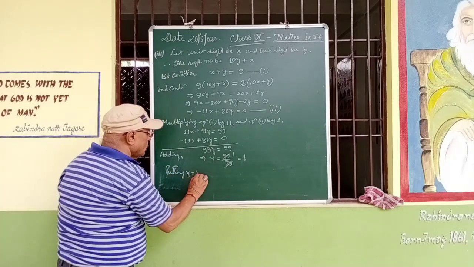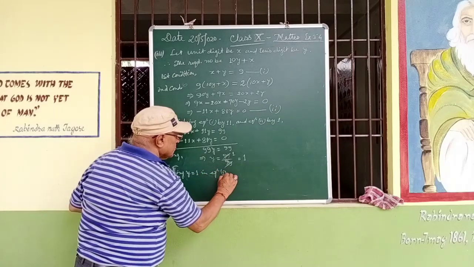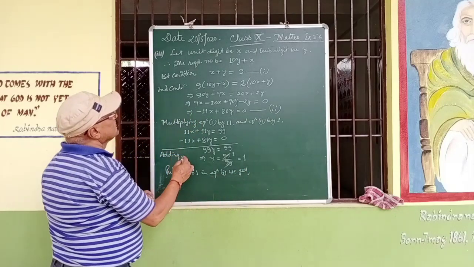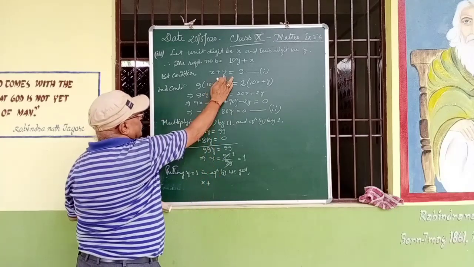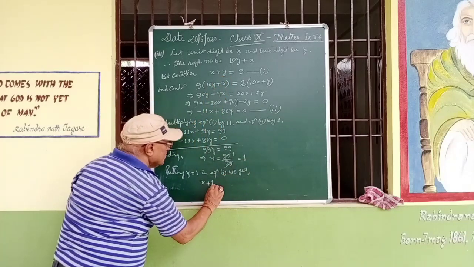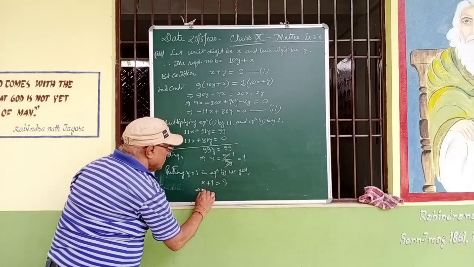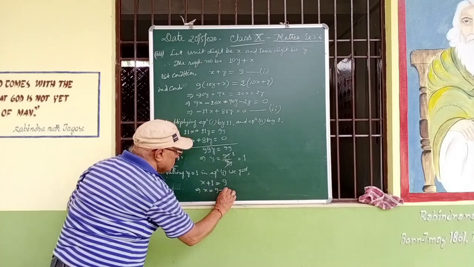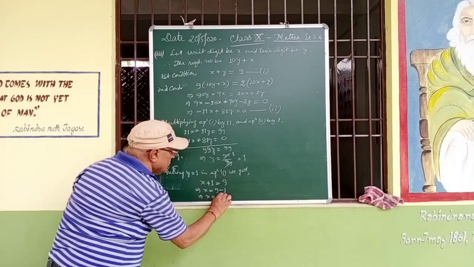Putting y is equal to 1 in equation 1, we get x plus, in place of y we put 1, it will be 9, or x is equal to 9 minus 1, we take this to the other side, so x is equal to 8.